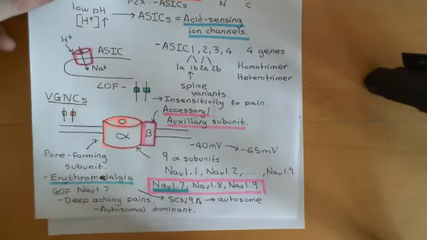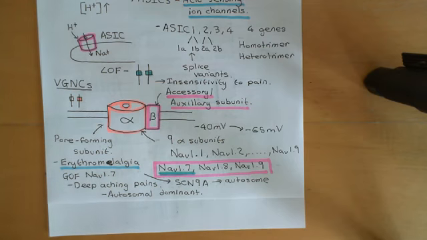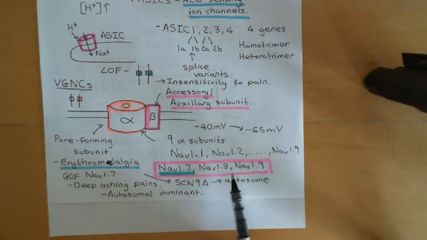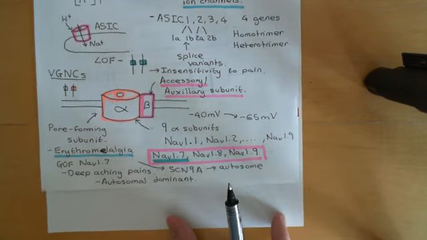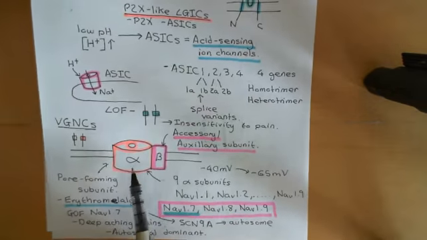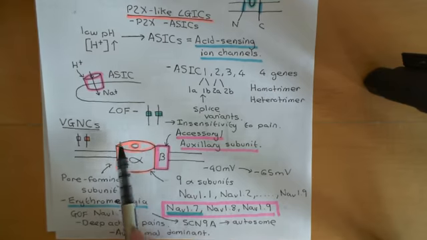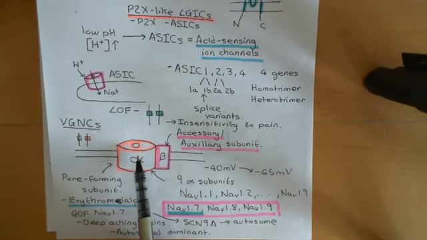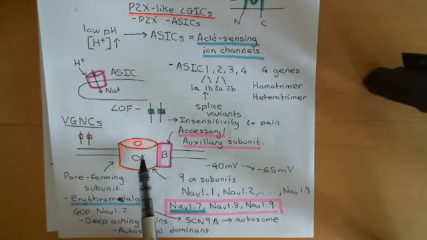Here it is. When we were talking about voltage-gated sodium channels in primary nociceptive afferent neurons, I said that the three main ones which were expressed were NaV1.7, NaV1.8, and NaV1.9. Protein kinase A seems to be able to phosphorylate the NaV1.8 alpha subunit of voltage-gated sodium channels.